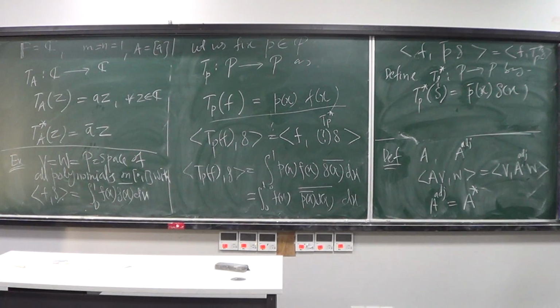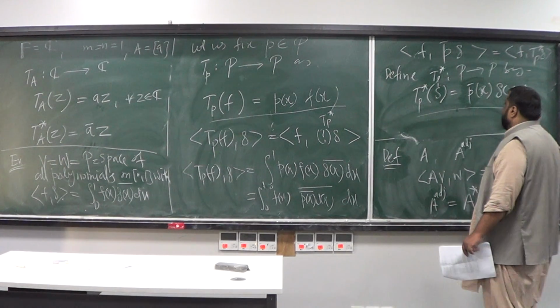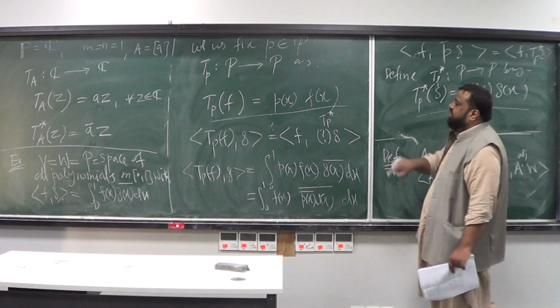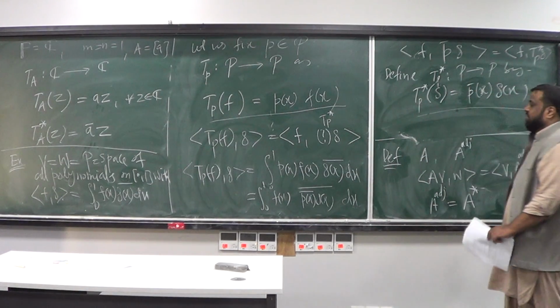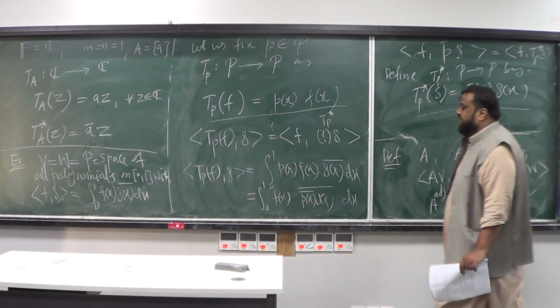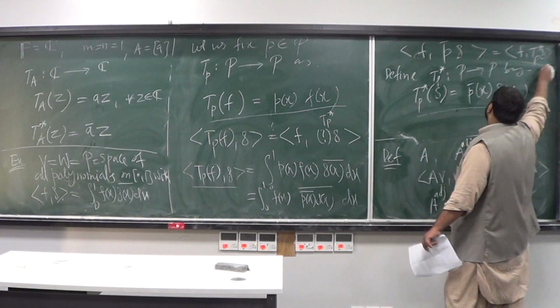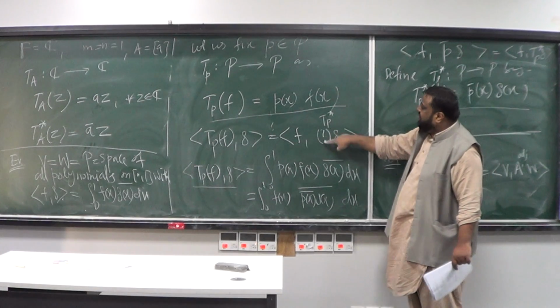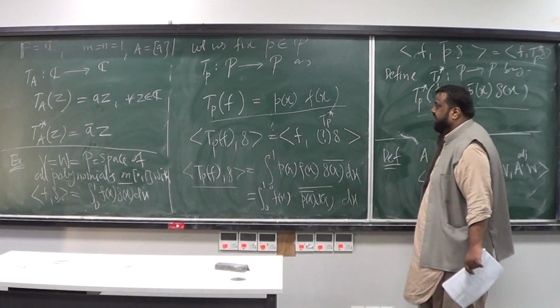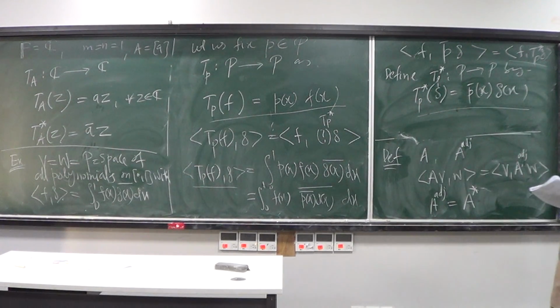I hope that it makes sense why this Tp star is the adjoint of Tp. So what actually we have to do is try to write this as this, and as I said, whatever is going to come here is going to be the adjoint.